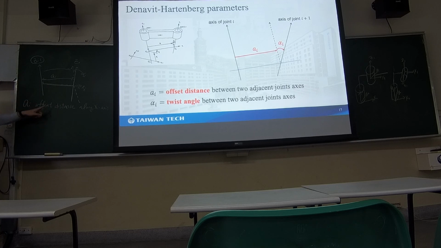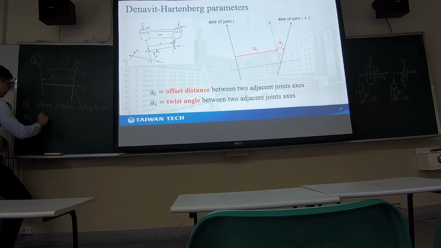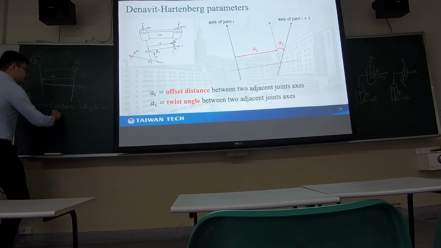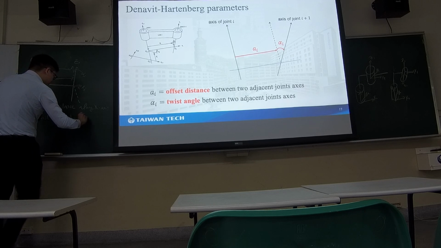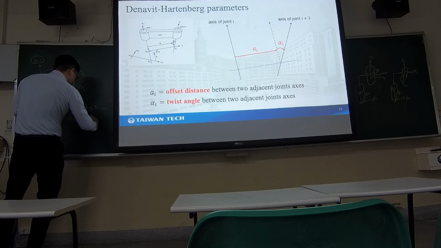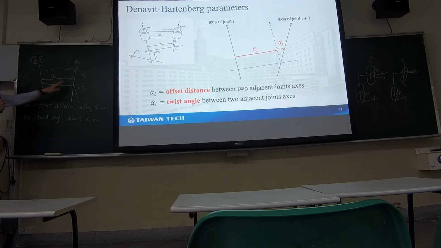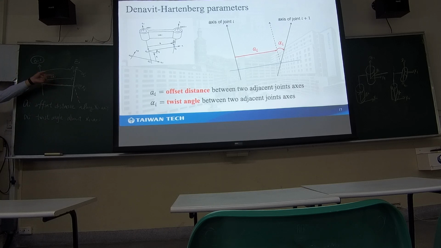ai is the offset distance along the x-axis. So this is the x-axis, and ai is along the x-axis. And alpha i is the twist angle about the x-axis.